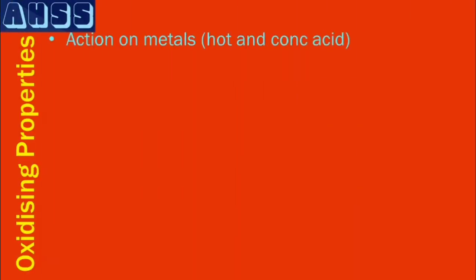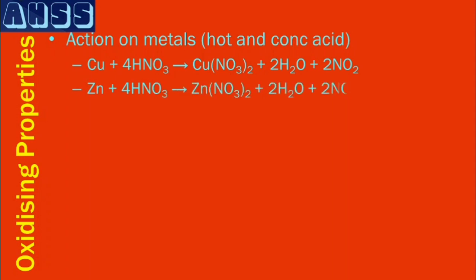Action of concentrated nitric acid on metals. When concentrated nitric acid reacts with a metal like copper, copper nitrate, water and nitrogen dioxide, a reddish brown gas, are formed. Similarly, when it reacts with zinc, we get zinc nitrate, water and reddish brown nitrogen dioxide gas.